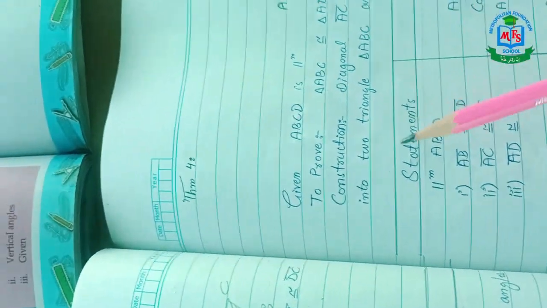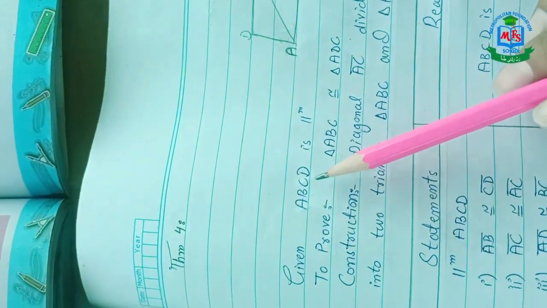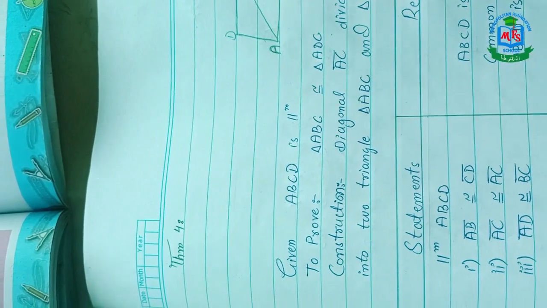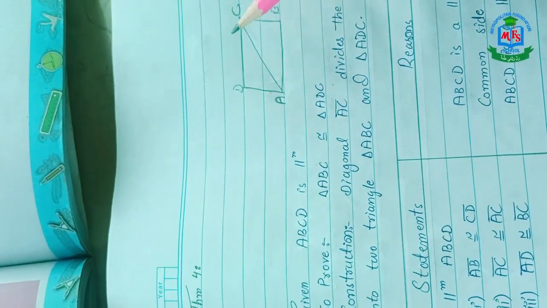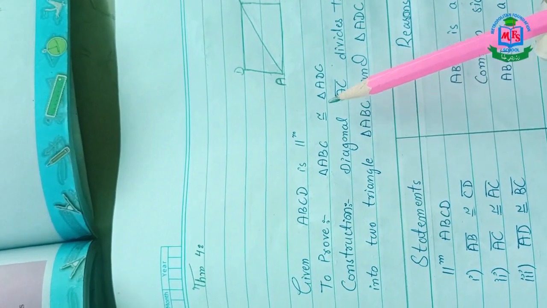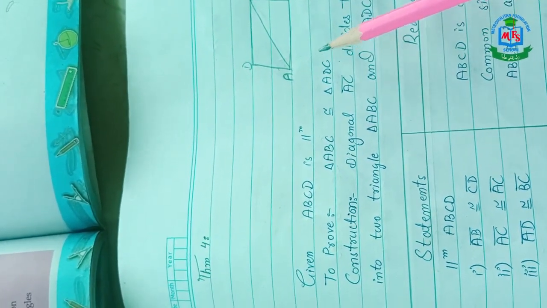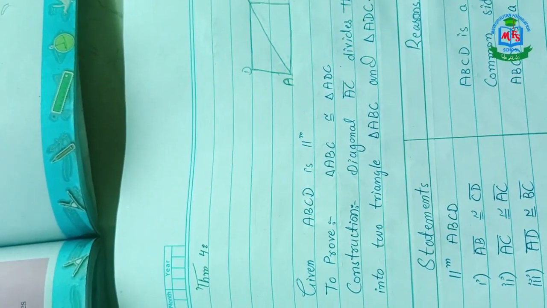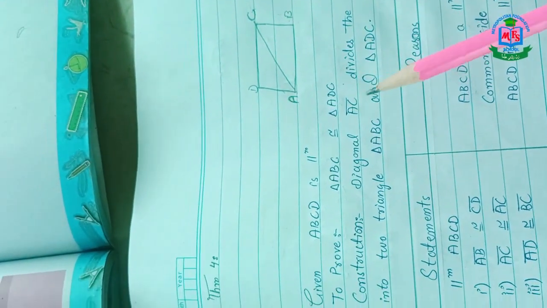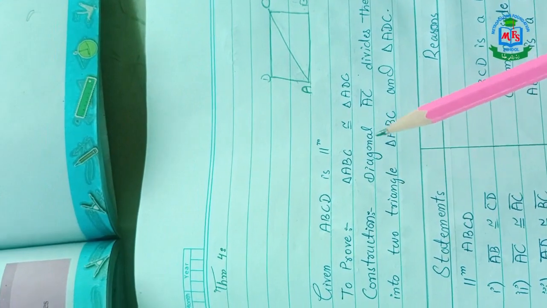So we have to write the given things. Given: ABCD is a parallelogram. To prove: triangle ABC is congruent to triangle ADC, that is, we have to prove two triangles are congruent. So what is the construction?